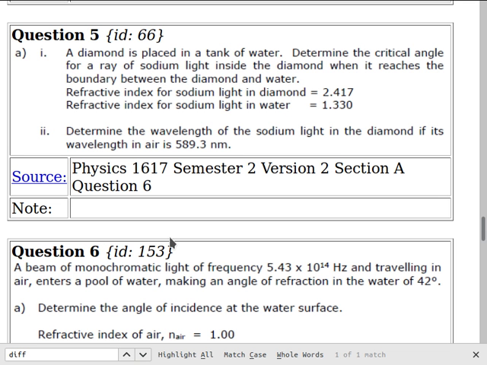No, it's for the second part. Ah, it's sodium light in the diamond. What's happened is the sodium lamp has shone some light onto the diamond, so the wavelength as the light went from the air to the diamond has changed due to the refraction.